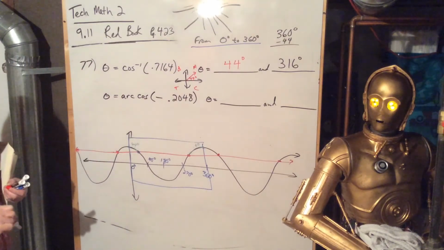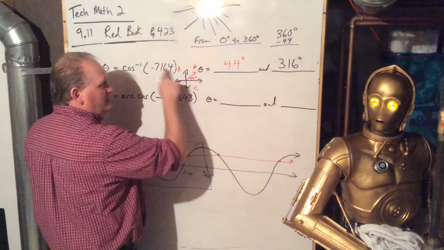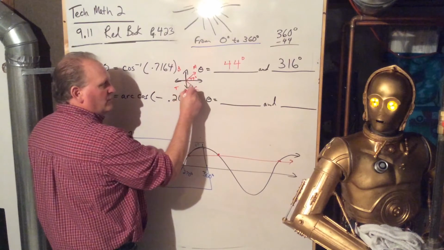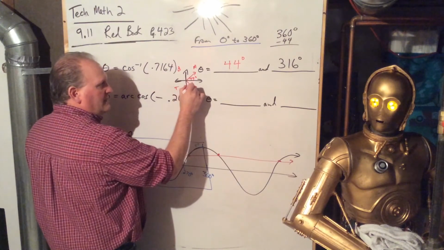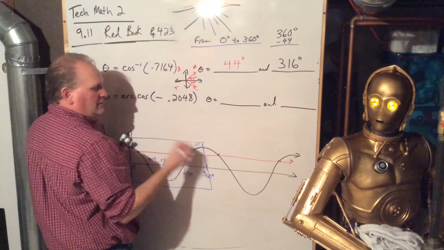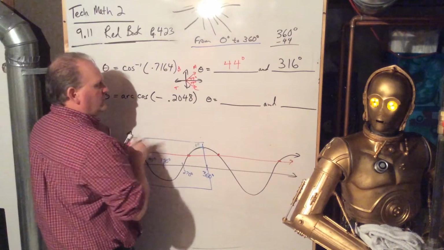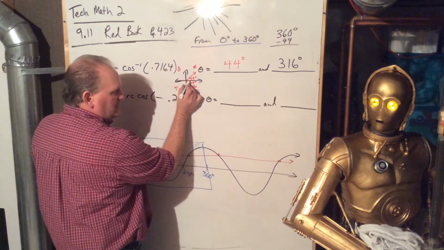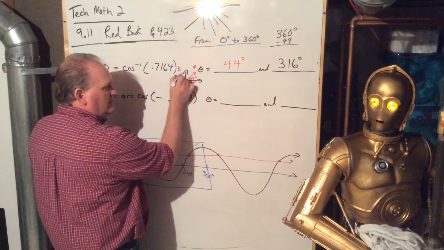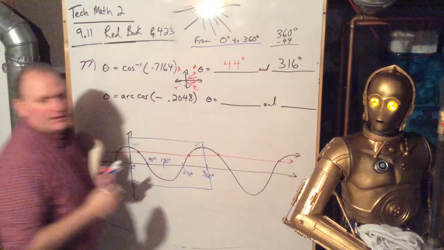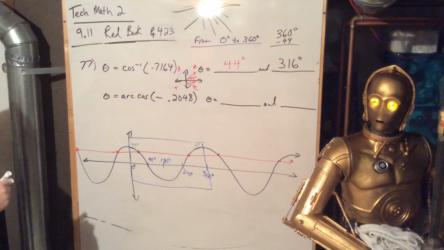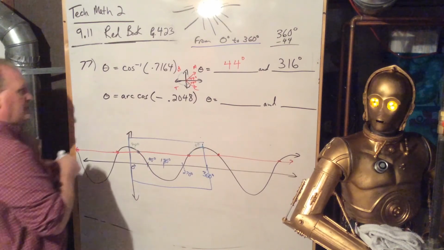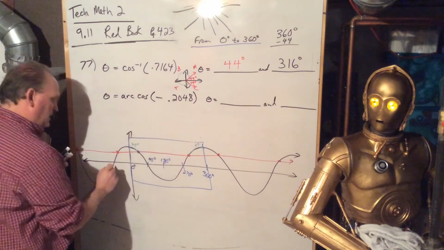That was the first quadrant. But then the other place that it would be positive would be the fourth quadrant. And again, we'd have a reference angle of 44 degrees. Negative 44, if you will, because we're going this way, and then we want to go around the positive way. That's 316.